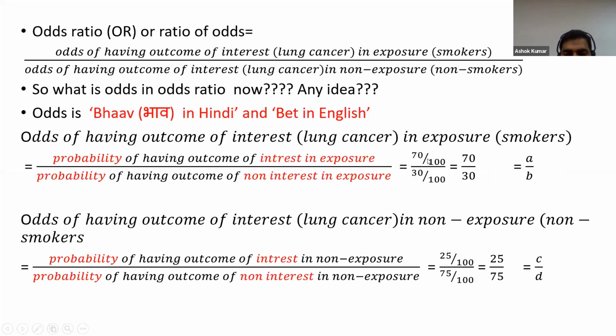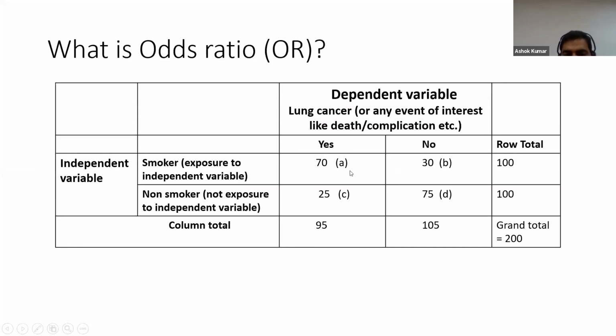So we have 70 by 100, divided by the probability of non-lung cancer in smokers, 30 by 100. The 100s cancel, leaving 70 by 30, which is A divided by B. What are A and B? A is 70. You can see here, this is cell A, this is cell B, this is cell C, this is cell D.